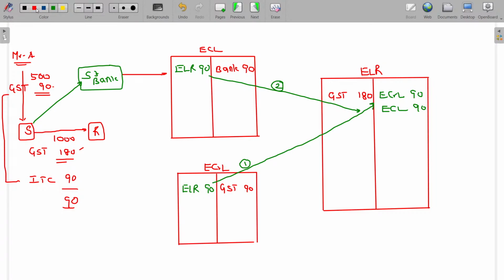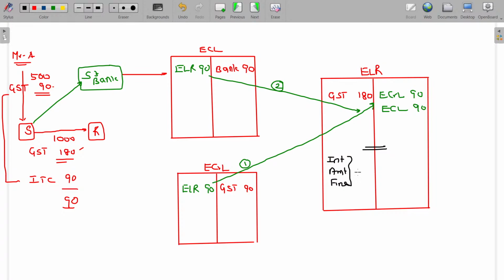Now, what happens if the payment is delayed? Then interest will also be recoverable. Interest, penalty, amount payable in case of refund of the ITC. Whatever it may be, in case of cancellation, you have to refund. And fine, penalty, whatever it may be.